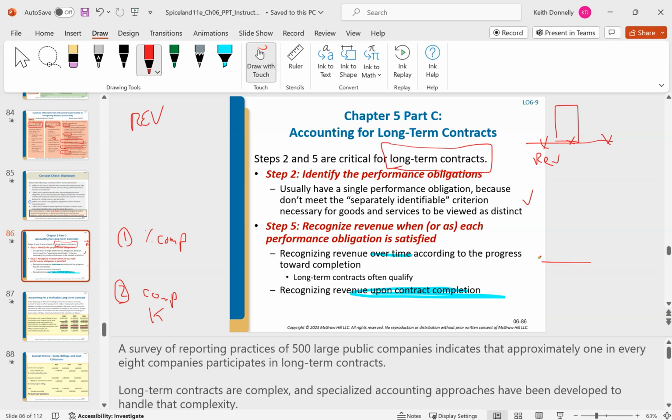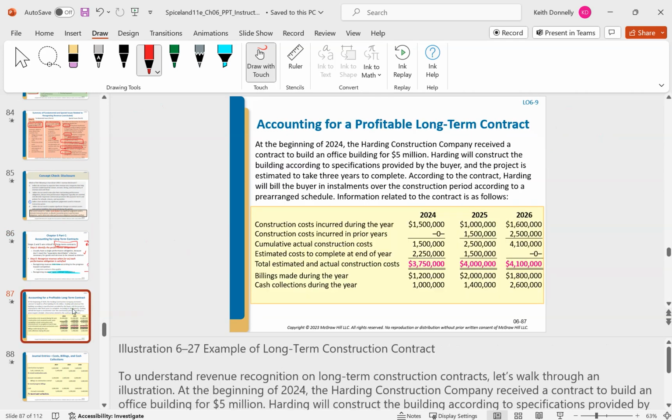So we can recognize the revenue over time or at the end of the contract.